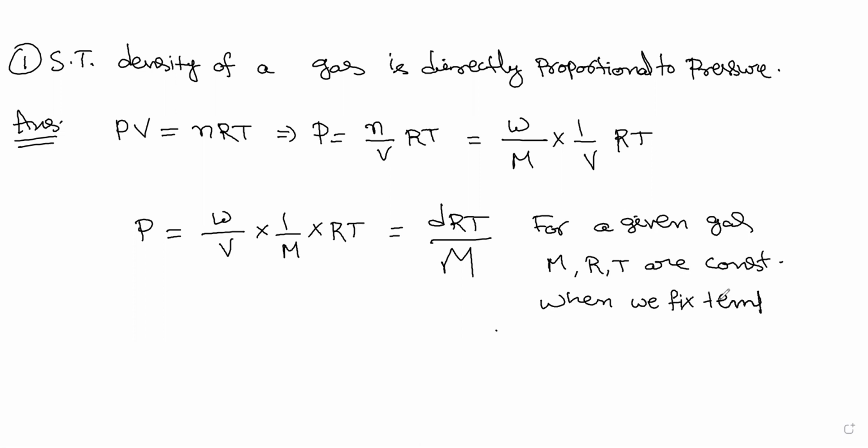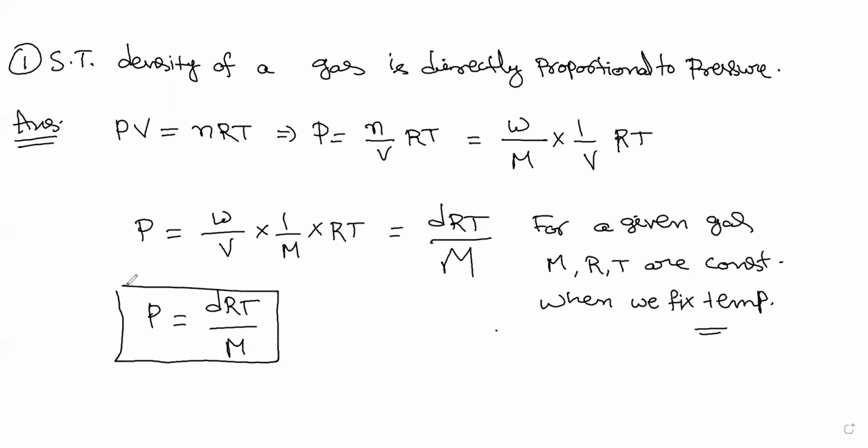When we fix temperature, M, R, T are constant, right? So P is equal to dRT by M. Okay, this is also a very important relation. So we can directly write pressure is directly proportional to density. So I can write this. This is the first question.